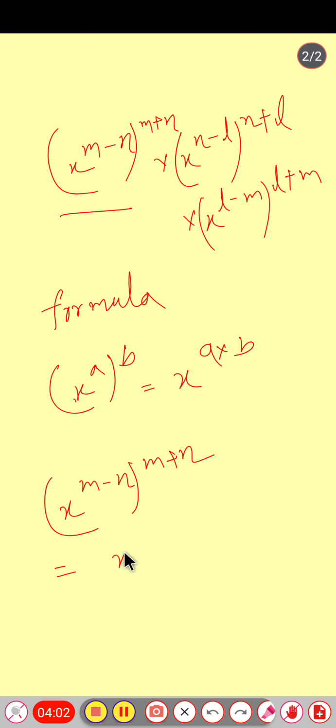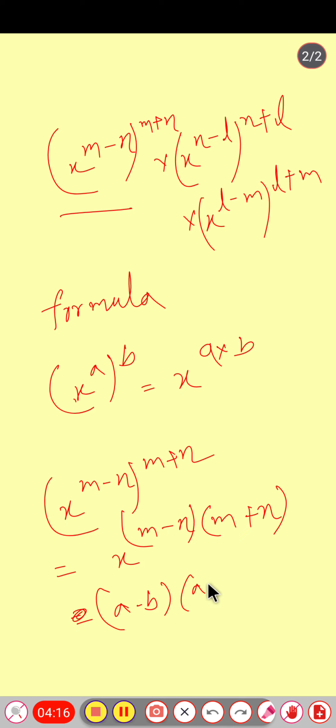So it will multiply the powers. Then we know a minus b into a plus b equals a square minus b square. Okay, so here a is m, b is n. So here it will be x to the power m square minus n square. Okay, so similarly I will do for the others.